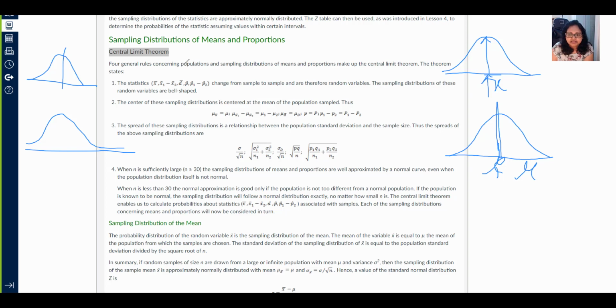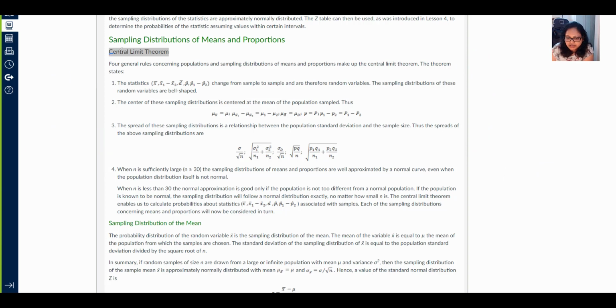So that's what the central limit theorem says: even if our population was not normal, that means was not bell-shaped, but since we are taking samples many times and the sample size is large, 30 or more, it's actually bell-shaped. That means a normal distribution. So that's why we are talking about central limit theorem first.